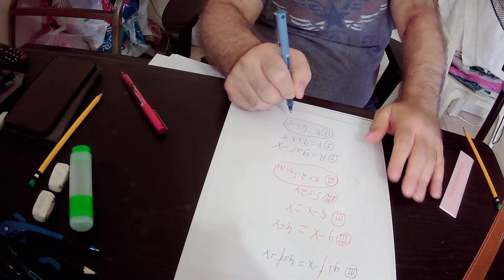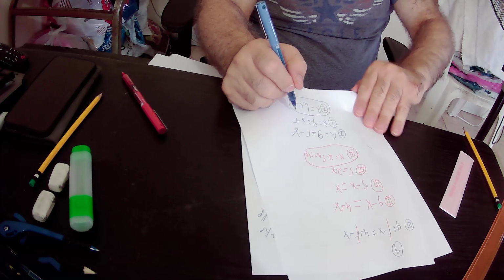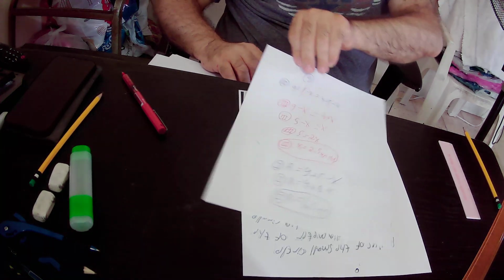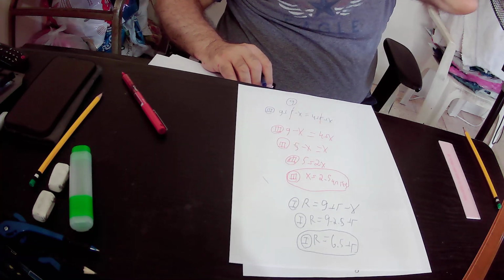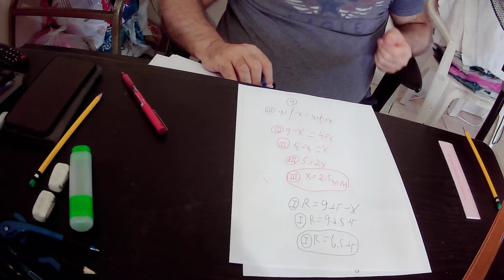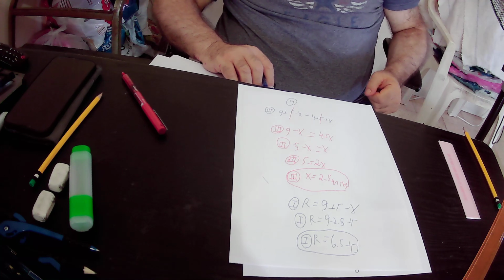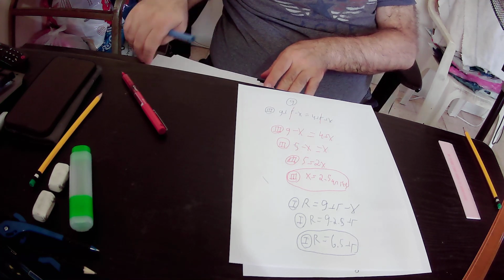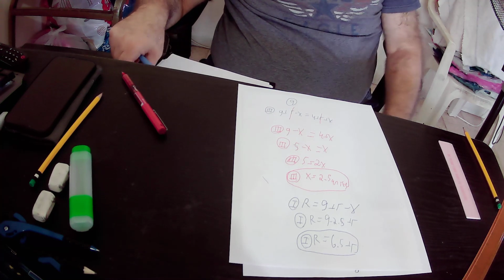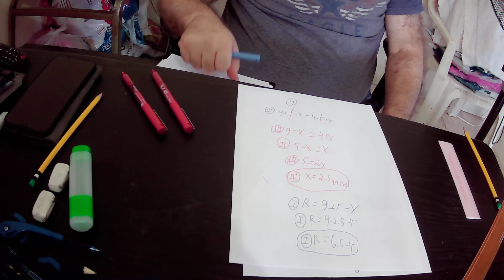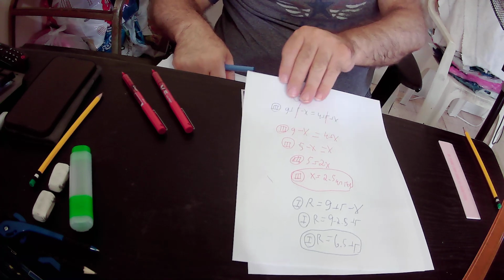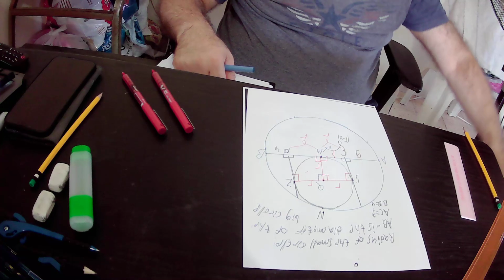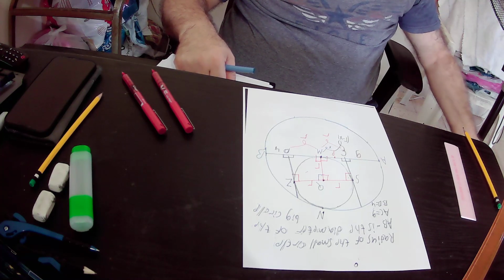So we know that the radius of the big circle equals 6.5 plus small r, and the value of x is 2.5 units. Okay, in the next step we will present a new rule, rule number 5, and we will implement rule number 5 in our circle.